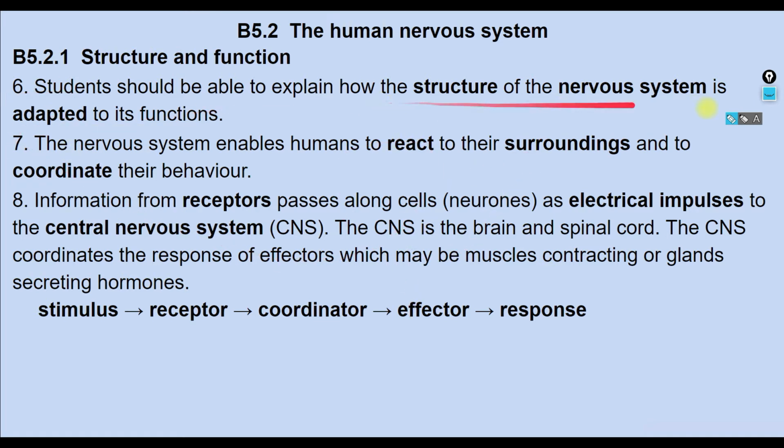So we need to know a bit about the structure of the nervous system. Remember, of course, the nervous system carries messages in the form of electrical impulses. Electrical impulses. So it's back to our shared screen, by the way. Electrical impulses.